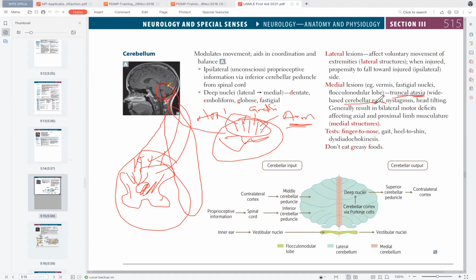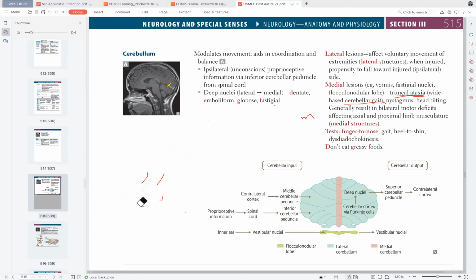And what other function can we talk about for the cerebellum apart from balance? Balance, that's coordination and balance. Basically coordination and balance.